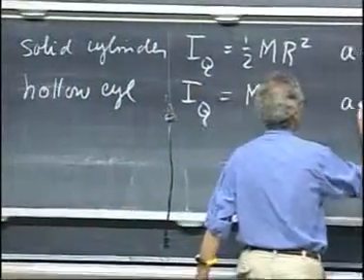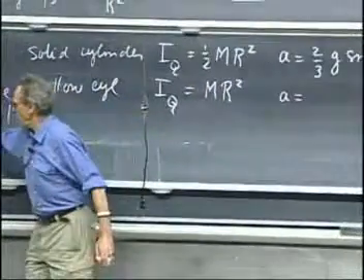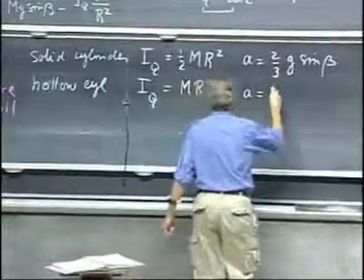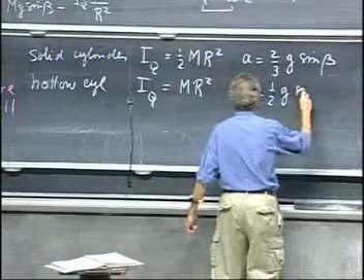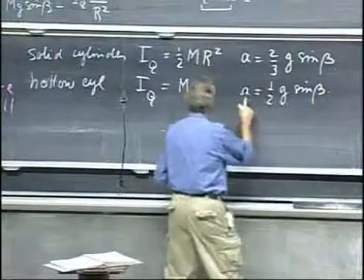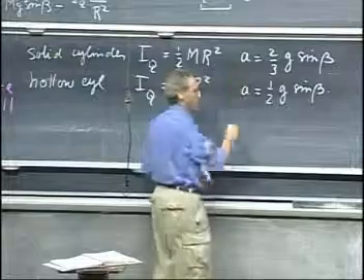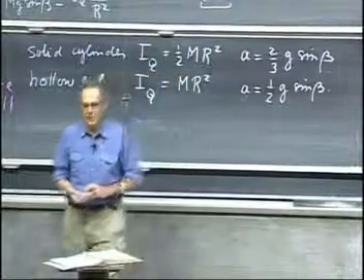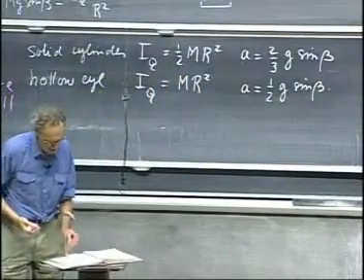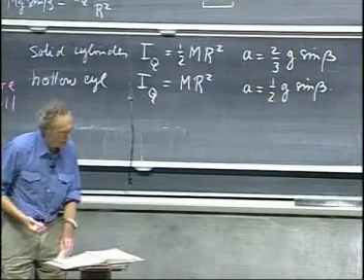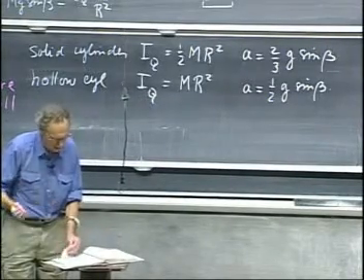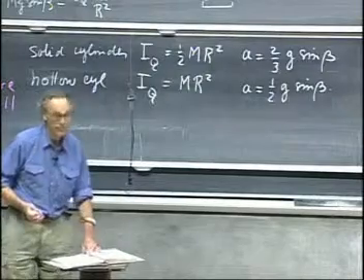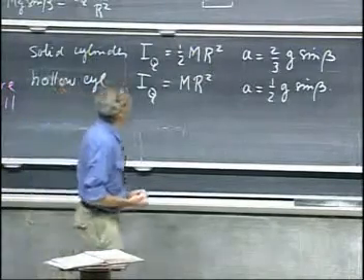And then the acceleration, if I substitute in here mr squared, I get a 2 there, equals 1/2 times g times sine beta. So this acceleration is less than this one. So the hollow cylinder will lose in any race against a solid cylinder, regardless of mass, regardless of radius, regardless of length. And I want to show that to you.